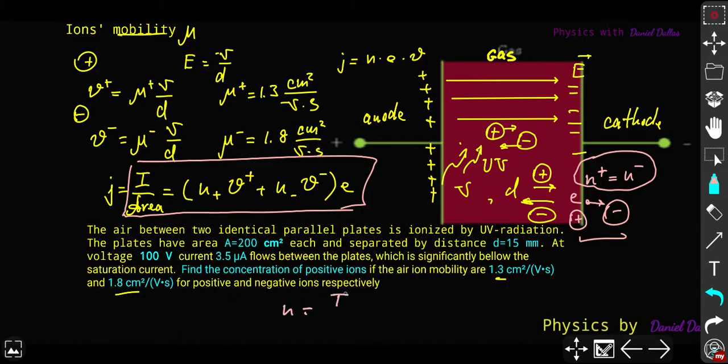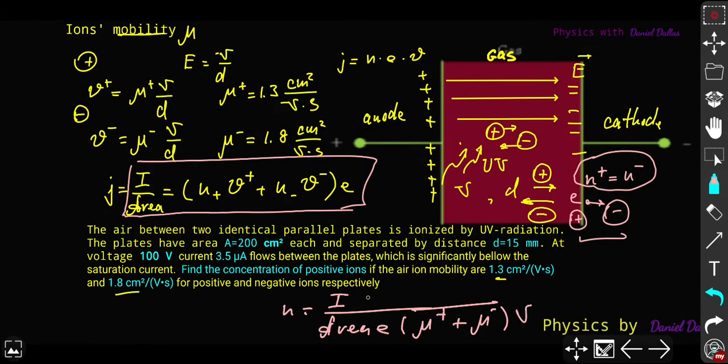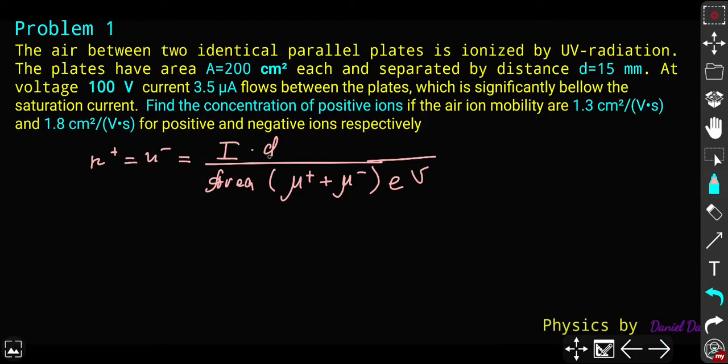It's going to be I over area over E, and if we write velocity through mobility, we'll get a total mobility for positive and negative, and we also have V over d below. So it's going to be V and distance here. If you just compare, we have the same.